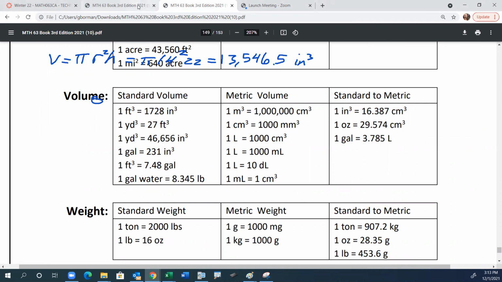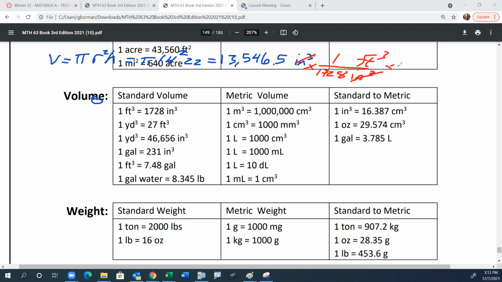So we'll multiply with cubic inches in the bottom. That way they cancel, leaving cubic feet on top, and 1 cubic foot is 1728 cubic inches.